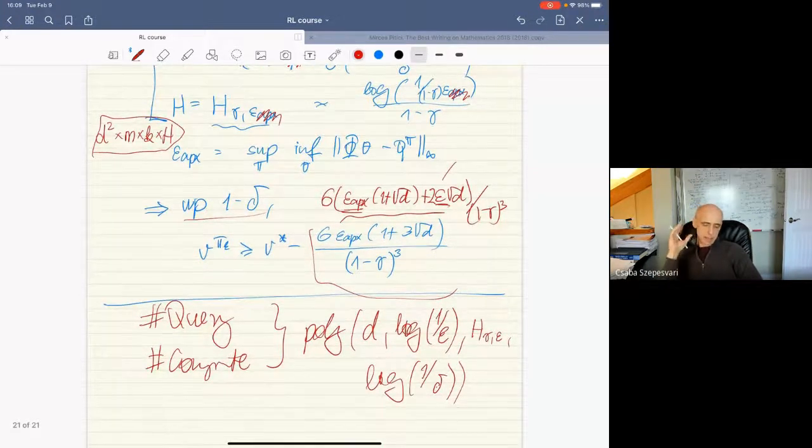Because the maximum value that you can lose is 1 over 1 minus gamma. So 1 over 1 minus gamma times delta, if delta is small enough so that it's smaller than this target, then altogether this is how much you lose. And so you can control the expected loss of your policy as well.